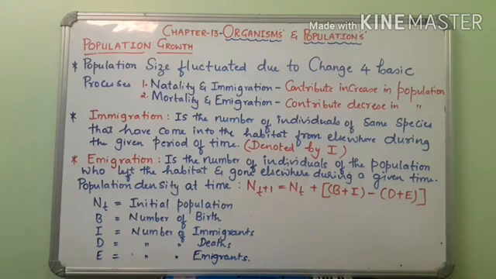And here the population size fluctuates due to change in 4 basic processes, which we already went through, mainly natality and immigration, and mortality and emigration. So population growth mainly depends on these 4 basic concepts we learnt.